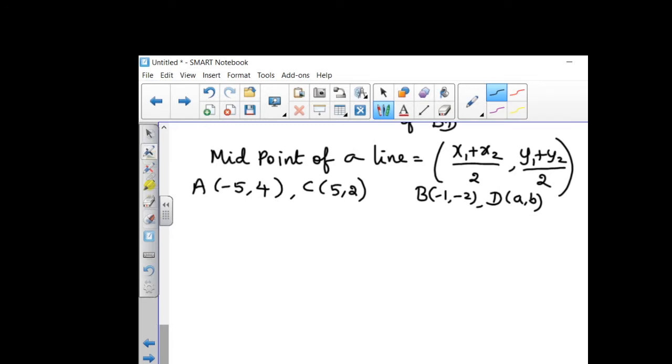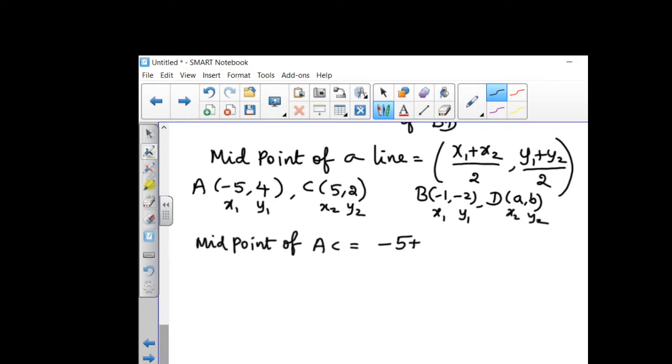Okay, so we are going to apply the midpoint of AC. You can take this as x1, y1 and x2, y2. So what is that? Midpoint of AC is equal to x1 minus 5 plus 5 by 2, comma y1 plus 4 plus 2 by 2.